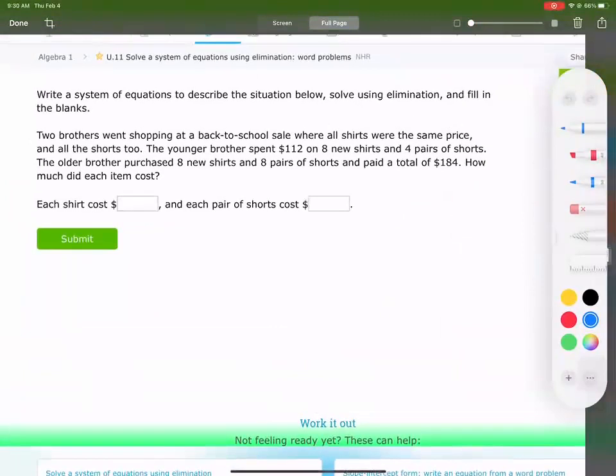Okay, two brothers went shopping at the back to school sale where all shirts were the same price, and all shorts too. The younger brother spent $112. Wow, he spent $112 on 8 shirts, and 4 shorts. Let's use T for t-shirts and S for shorts.